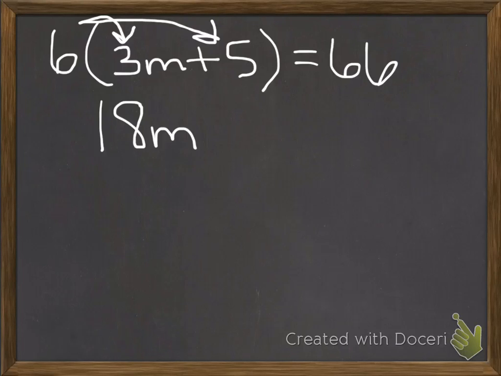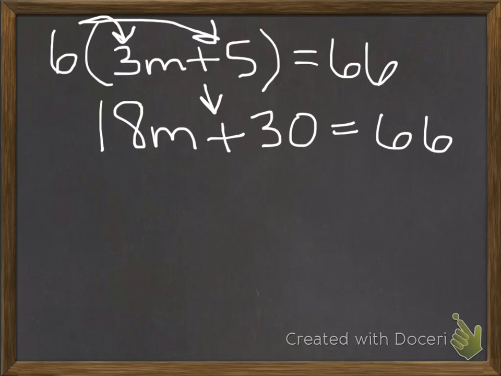When it comes to multiplication, you can. So 6 times 3m is 18m, and then we just bring down whatever sign is inside, and then we distribute our 6 to our 5. So 6 times 5 is what? 30. So now we have 18m plus 30 equals 66.